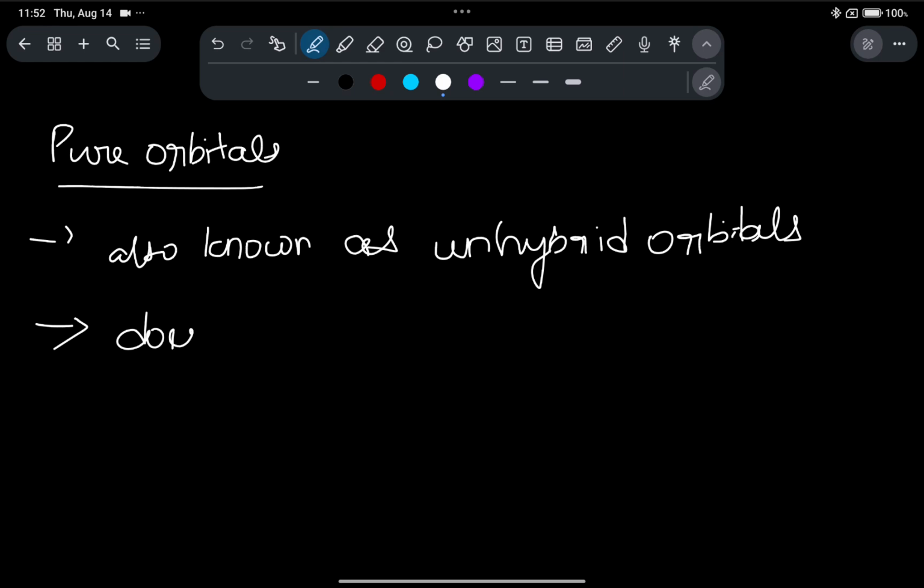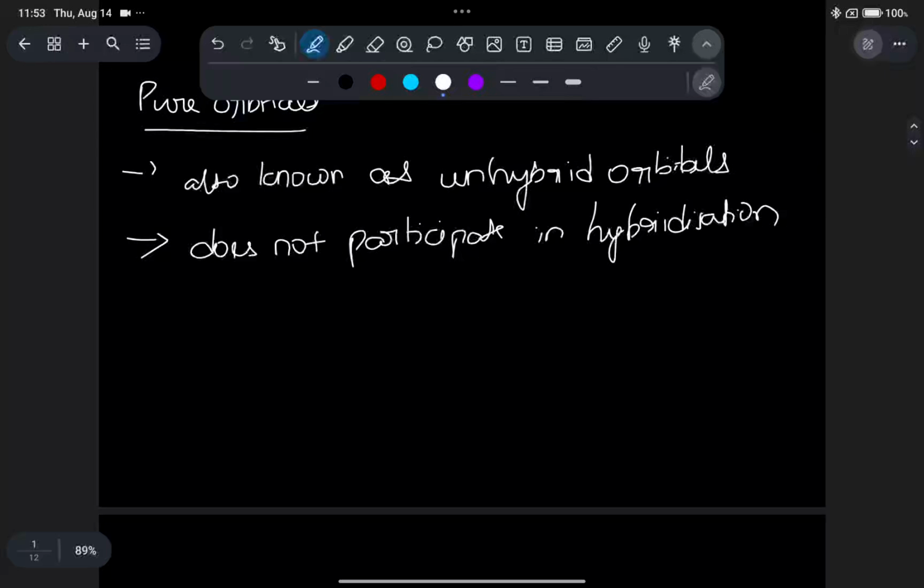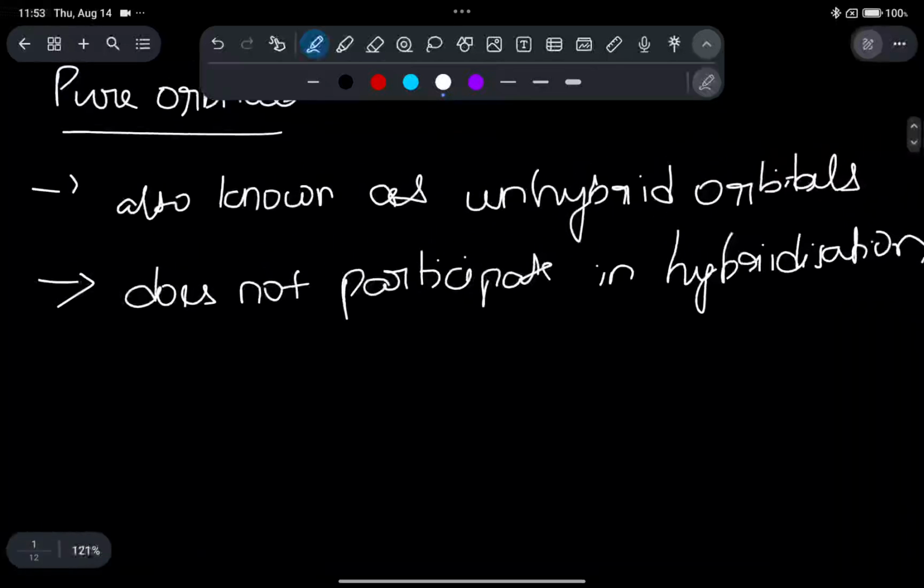So pure orbitals means they do not participate in hybridization. They are also called unhybrid orbitals.